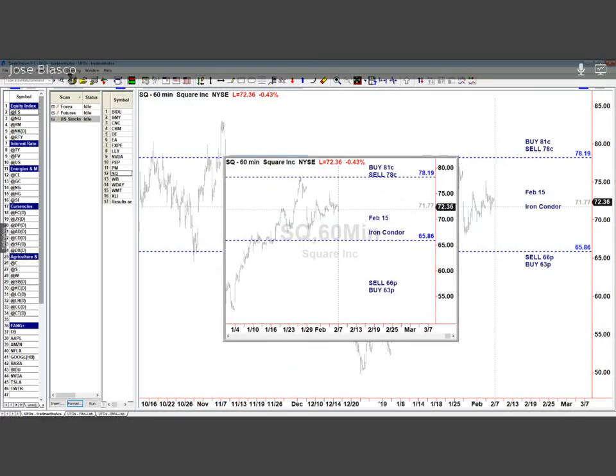Very good. So my friends, a productive session today. We've been going over 2 trades with the UFOs. 2 iron condors, one with Bristol Myers, one with SQ, Square Incorporated. They both met the rules that we know up to this point.